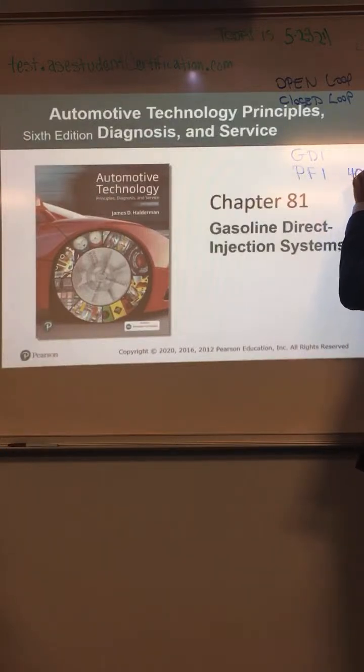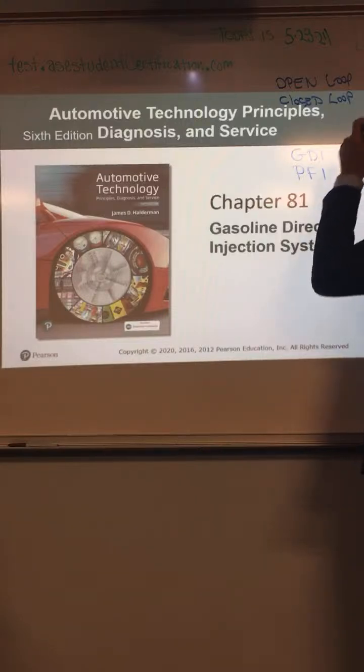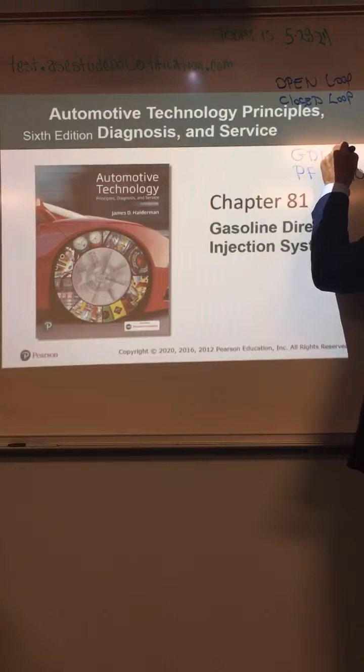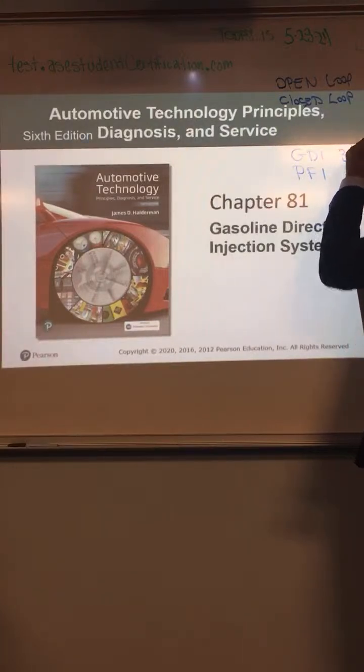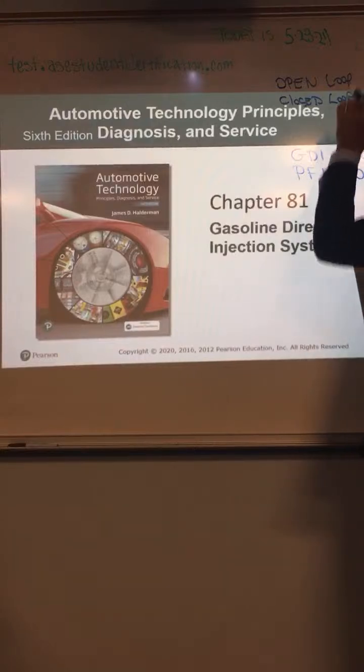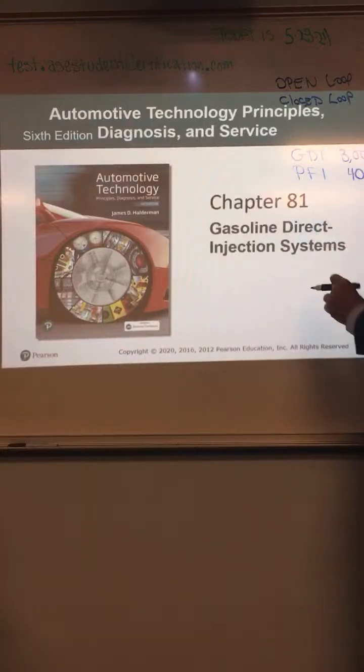Short fuel injection, with the GDI having almost constant injector pulse width with varying fuel pressure. So the main difference between the port and the GDI is that on the port, the pressure is constant.